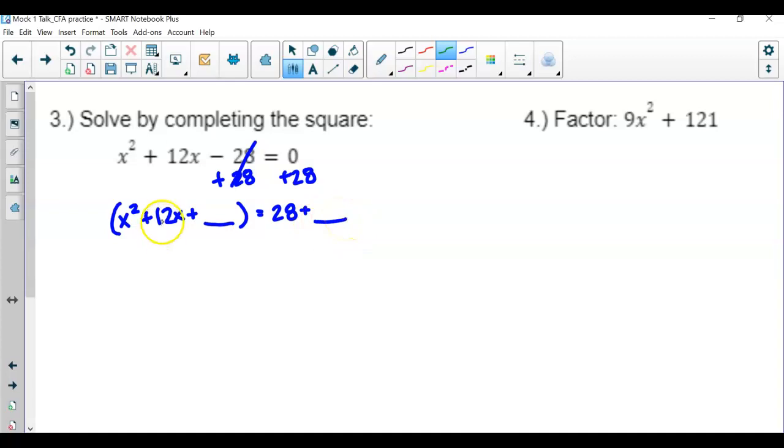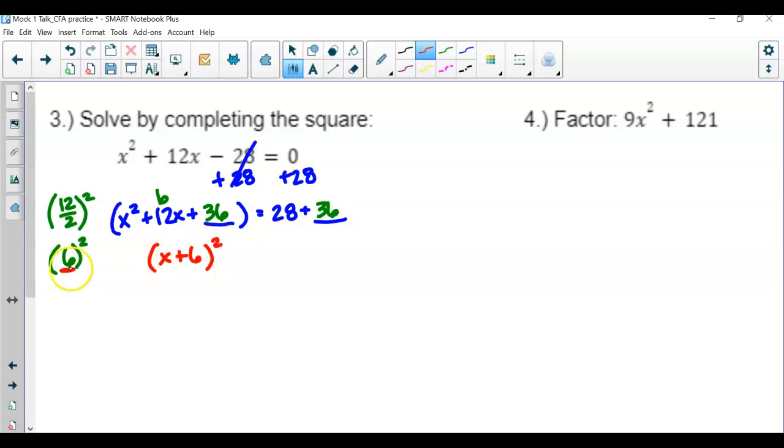Now we always take our b term, in this case, which is 12. And then we're going to take that 12, half it and square it. So now half of 12 is 6, and 6 squared is 36. What we add to one side, we add to the other side. So now when I write this as my perfect square, notice how we need x plus 6.